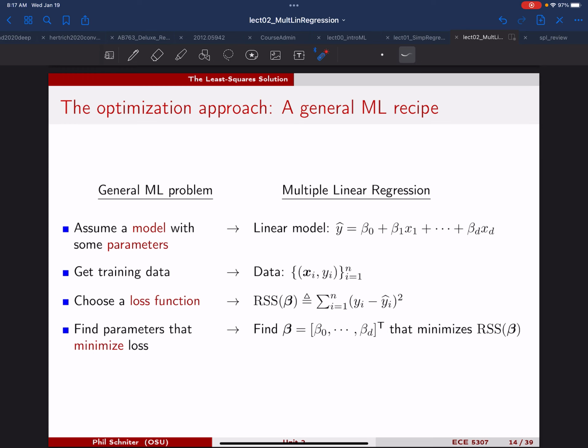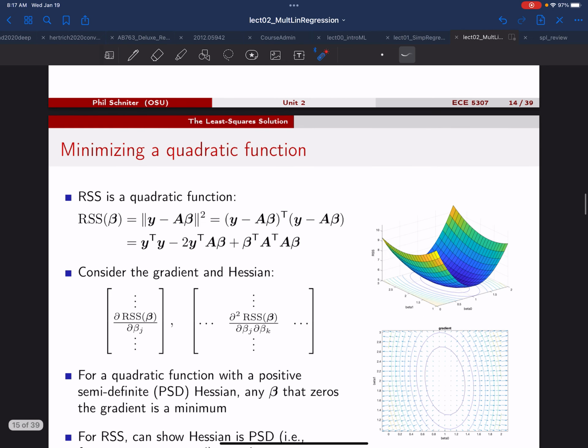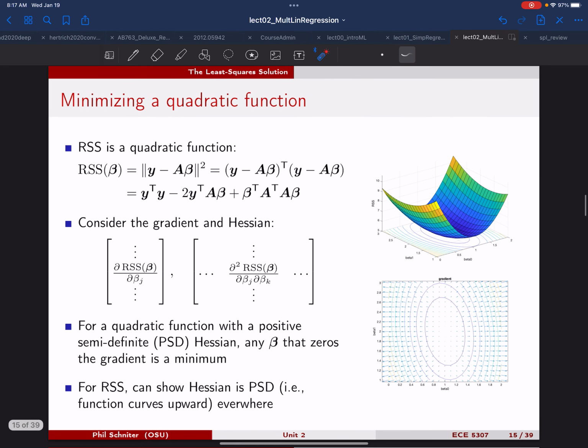So this last step is what we have to work on a little bit more. Again, similar to what we did last time, but just in higher dimensions. We know that RSS is a quadratic function. So what do we mean? It means it depends on the beta coefficients or squares of those beta coefficients.